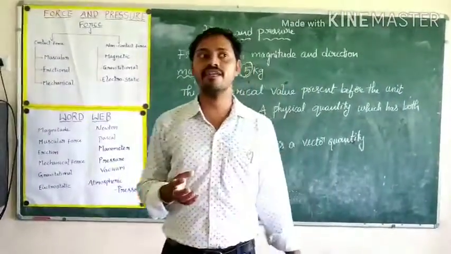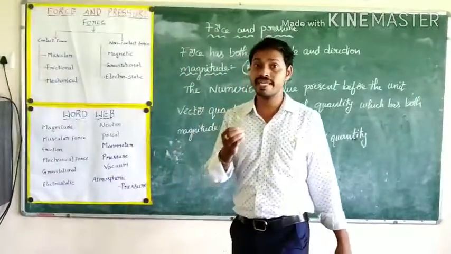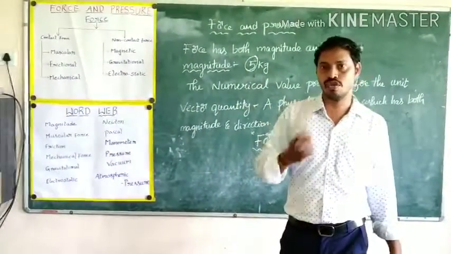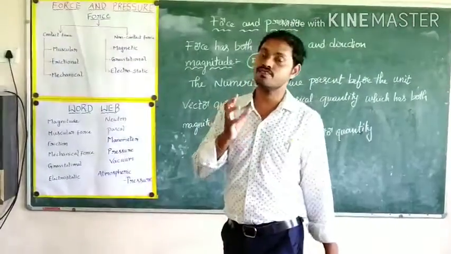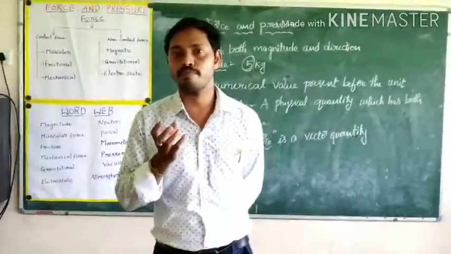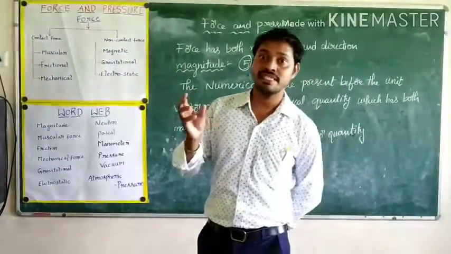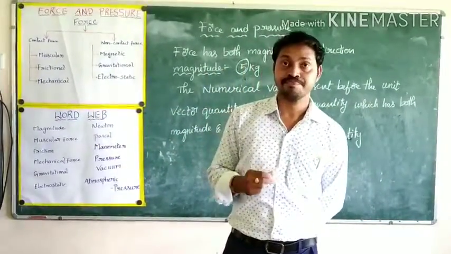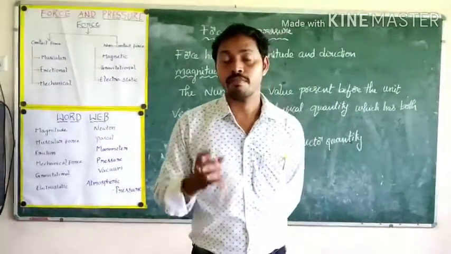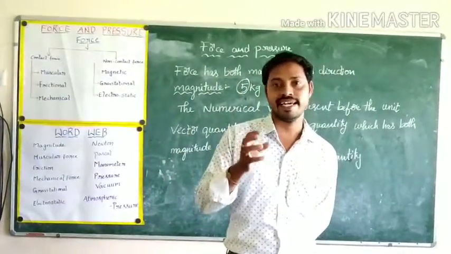So far we have discussed many things related to force. Let's recall them. What is force? Any pull or push of an object is called force. Force is a physical quantity. We can't touch the force, but we can experience the effects of force in our daily life.